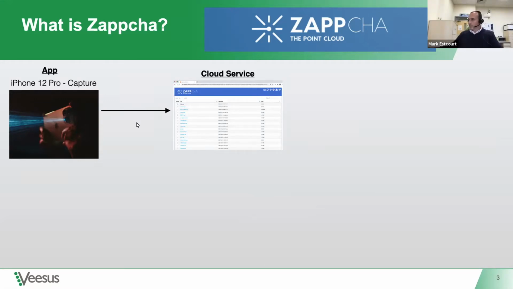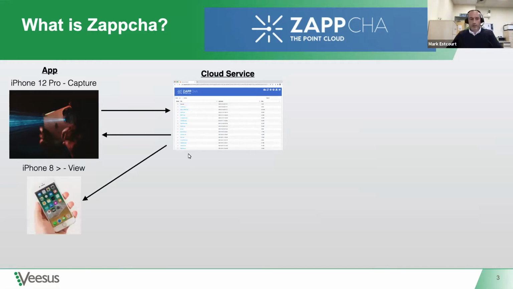And the visualization of the data can be done on the actual phone itself, or it can be done on older versions of the iPhone, from version 8 upwards. So the capture is only iPhone 12, the visualization is any iPhone from 8 upwards.